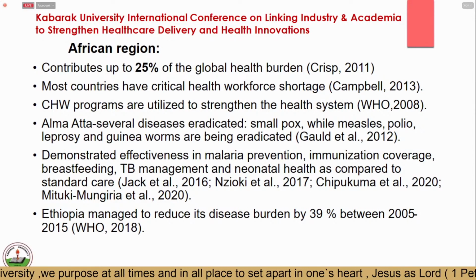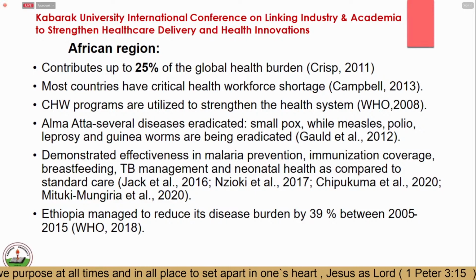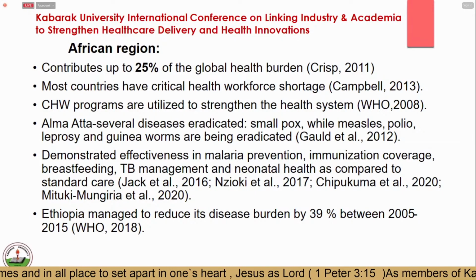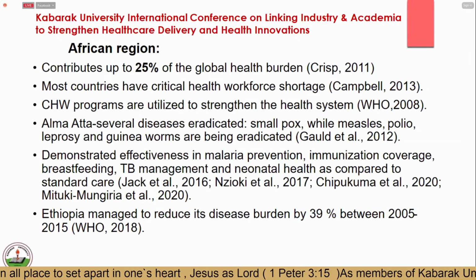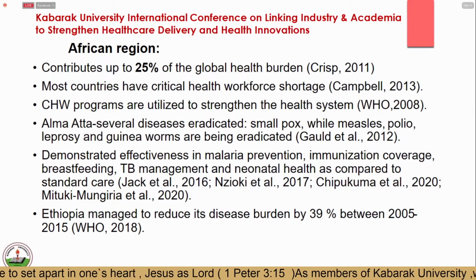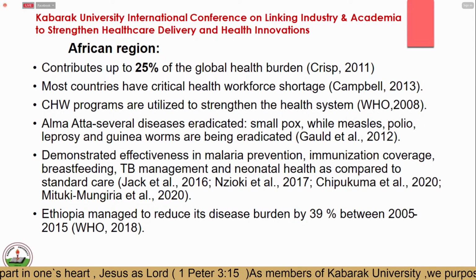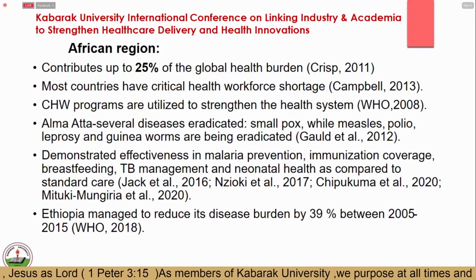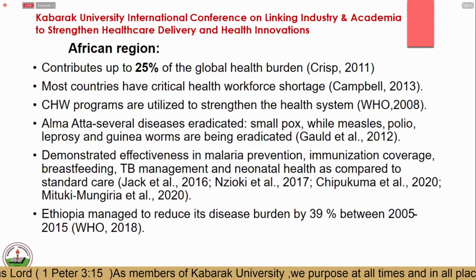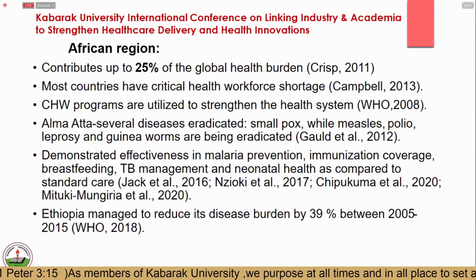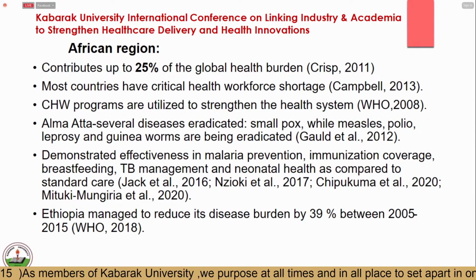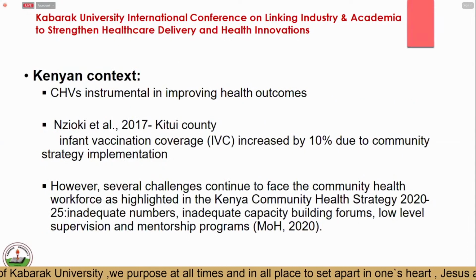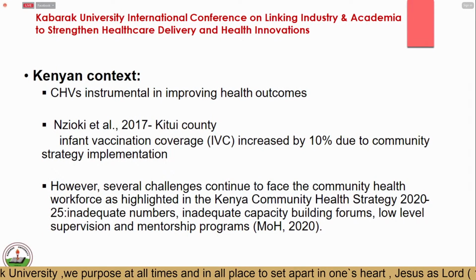It has also been demonstrated effective in malaria prevention, immunization coverage, breastfeeding, CBDB management, and neonatal health compared to areas where the community health program is not utilized. In Ethiopia, I managed to see a reduction in disease burden by 39% between 2005 and 2020 according to WHO, because they have an extensive community health program.